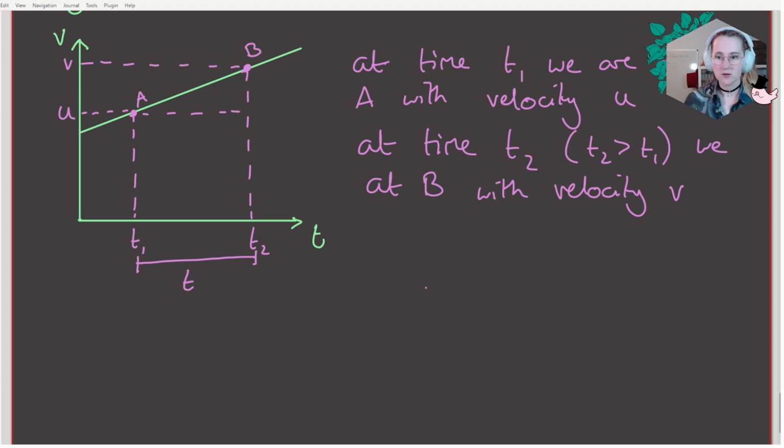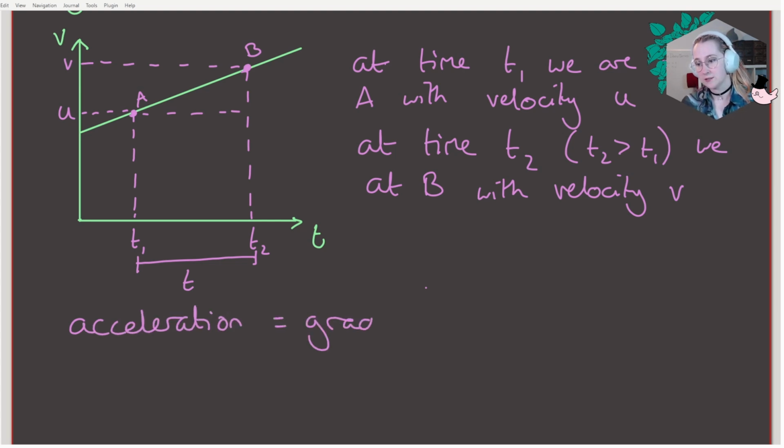So we know that the gradient of a velocity time graph is the acceleration. So we can say that the acceleration equals gradient. And the gradient of a straight line graph is rise over run, is how I always remember it.